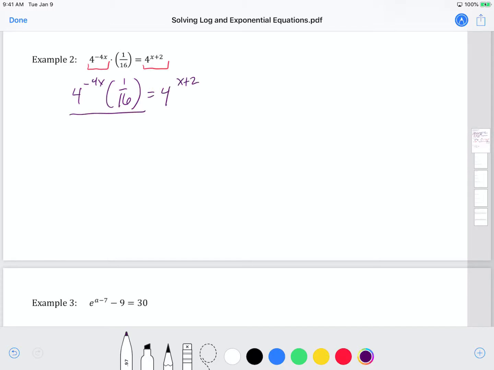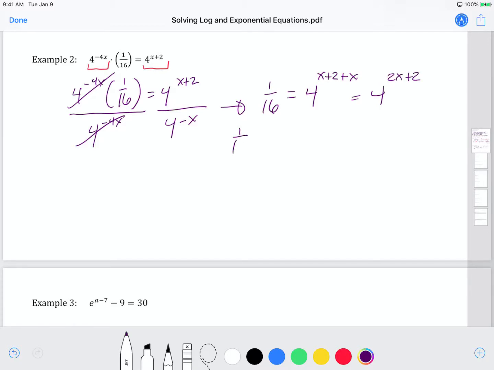Those cross off, and I'm left with 1 over 16 is equal to, and now I have to use my rules for exponents. When my bases are the same and I divide, I subtract my exponents. So I have x plus 2, and I'm subtracting a negative 4x. So I have x plus 2 plus 4x, which would give me 4 to the power of 5x plus 2.